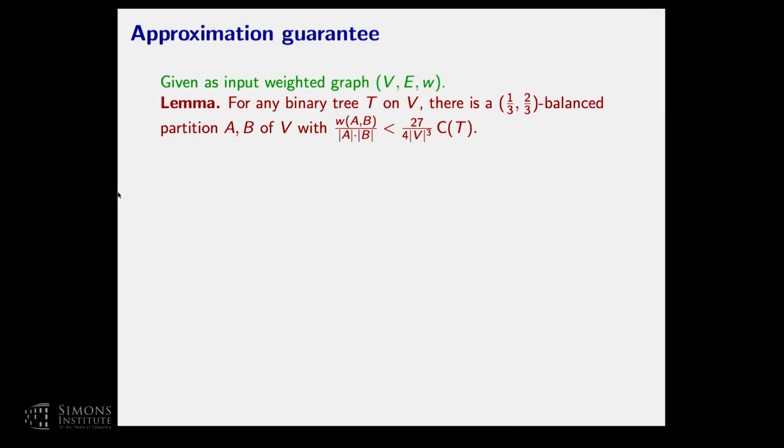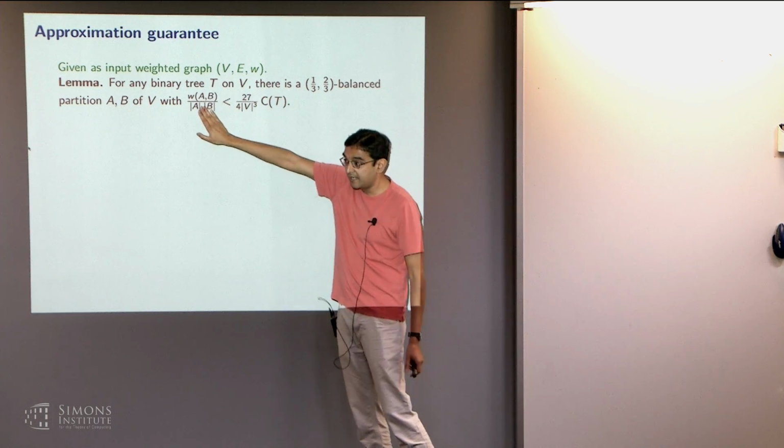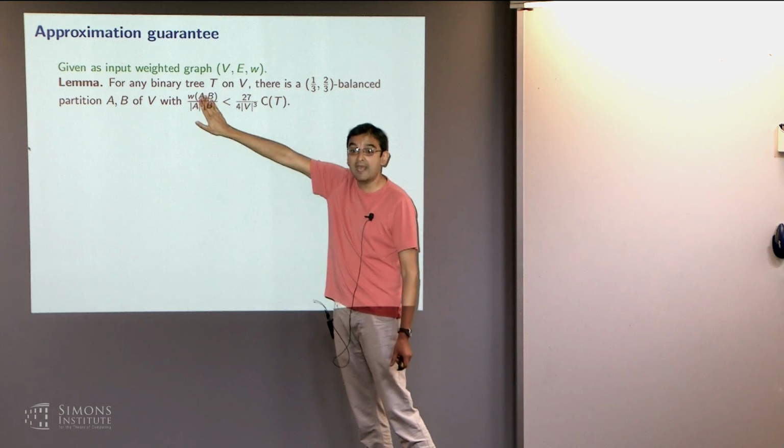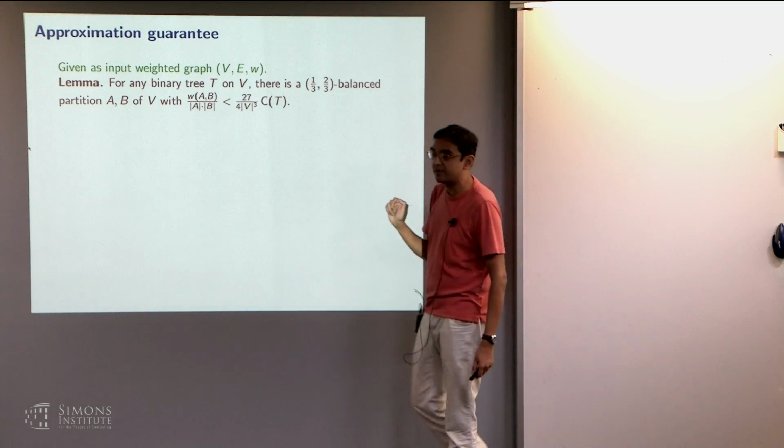If the tree has low cost, then there exists a cut of the graph that is balanced, 1/3, 2/3 balanced, and such that the sparsity of that cut, the number of edges across divided by the number of nodes on the left and the number of nodes on the right, is also very small. So if the tree has small cost, there exists a cut that is balanced and has small sparsity proportional to the cost of that tree.